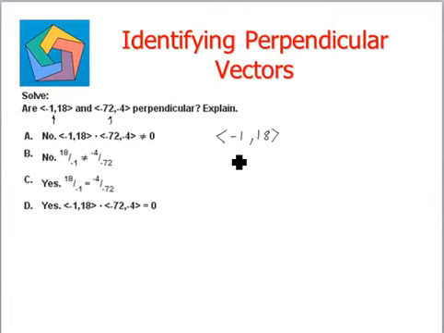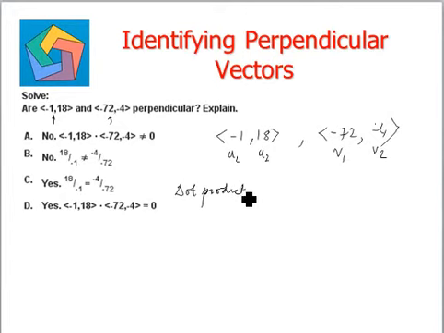So this is our u1, u2, and the second is represented by v1 and v2. So we'll find out the dot product of the two vectors, which is given by u1 times v1 plus u2 times v2.